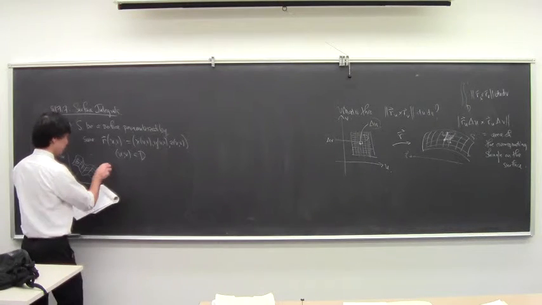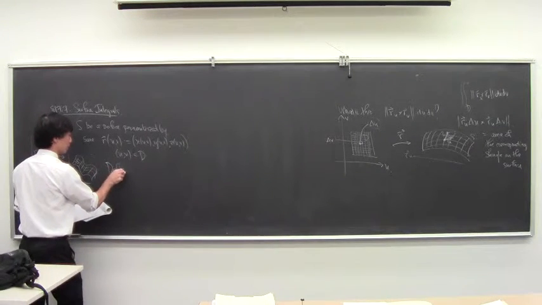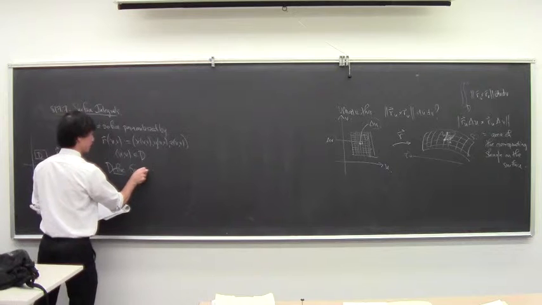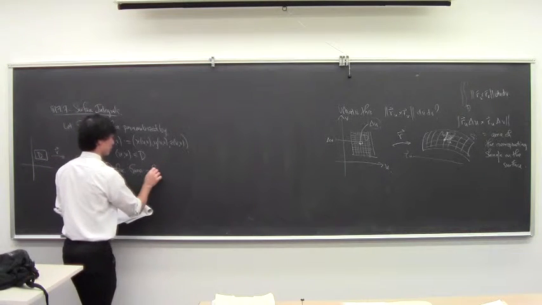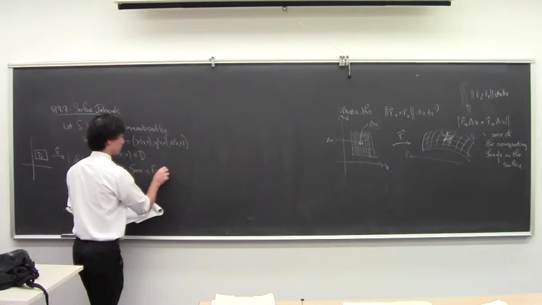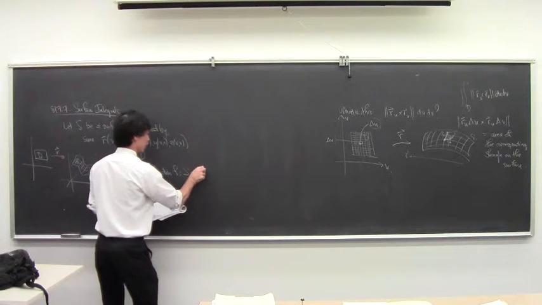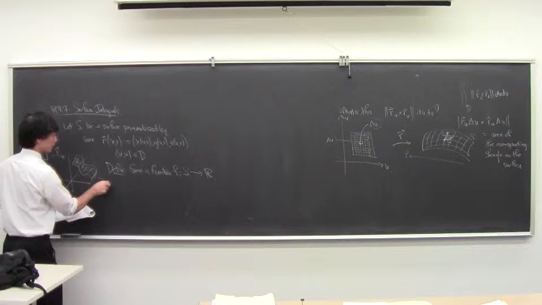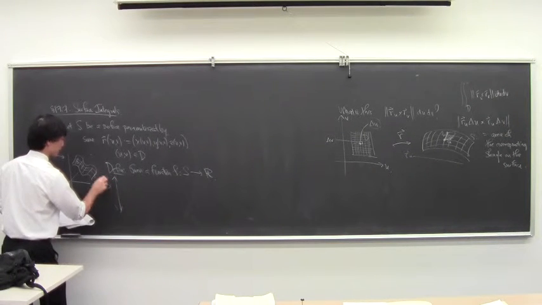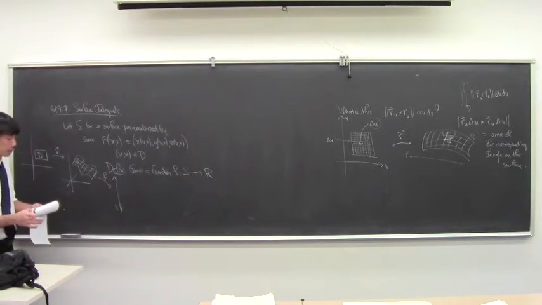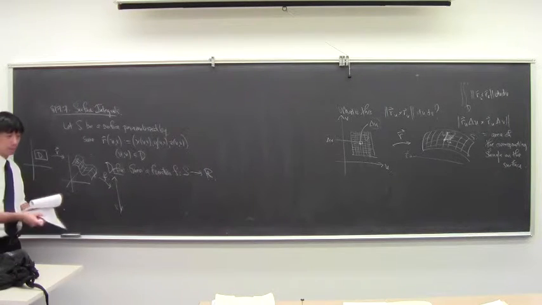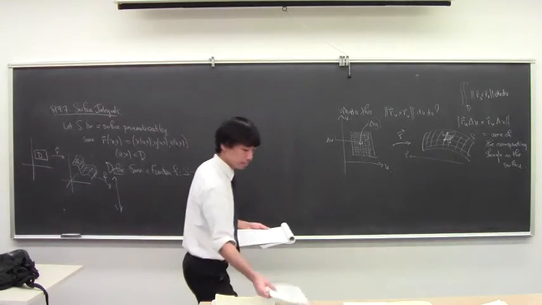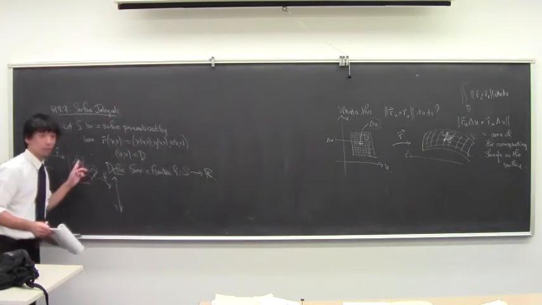Okay. So given a function f from S to R, f is a function on S into R, associating some value to each point.